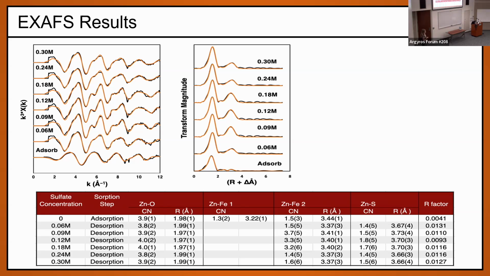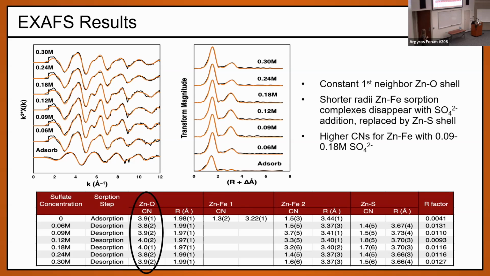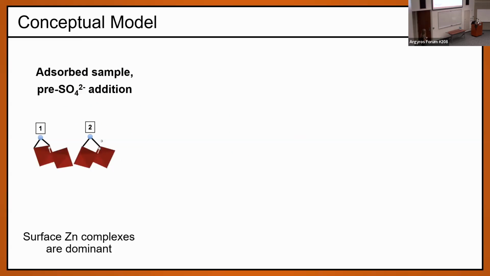That data can be fit using software called SixPack to various shells. We look at zinc-oxygen, zinc-iron, and zinc-sulfate scattering paths that are predetermined, and we can fit our data to those existing paths. To break this down, I made a conceptual model of our adsorbed sample pre-sulfate addition.